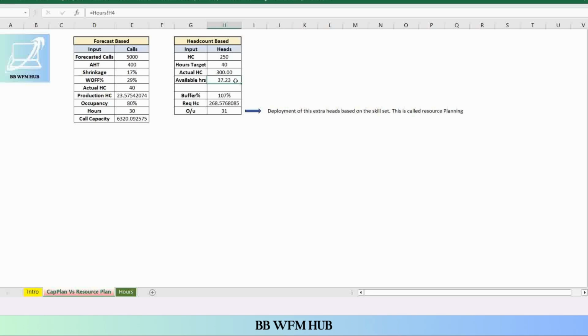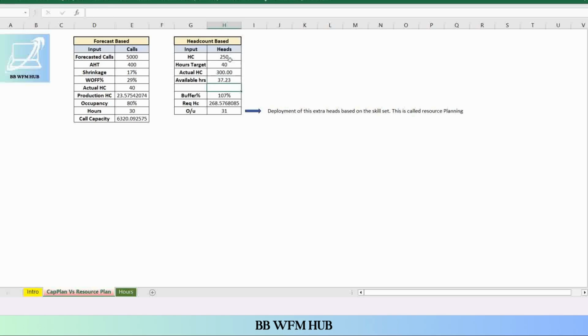It's 37.23. So now we have the client provided headcount, and we have the actual headcount. Now we will calculate the required headcount that we will need to fulfill the client requirements. We see that the actual headcount is 300 and the client is providing us a headcount of 250.